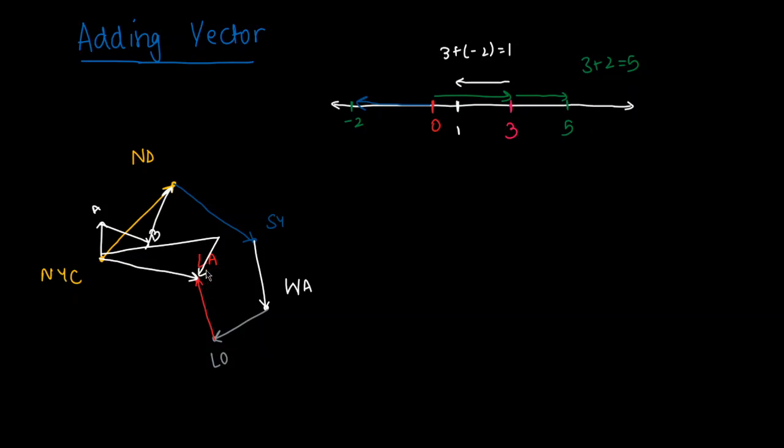It doesn't really matter. As long as the starting and the ending positions are the same, the path that you take to get between those positions doesn't actually affect the sum of those vectors.